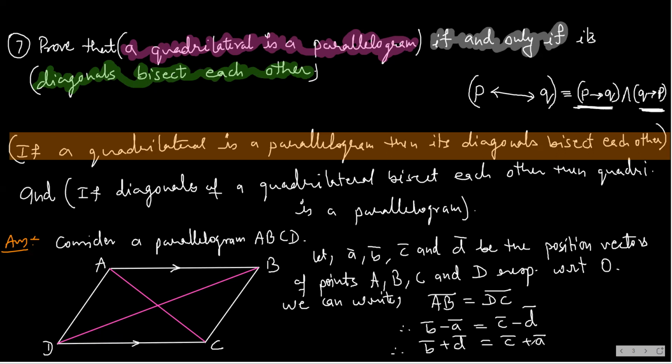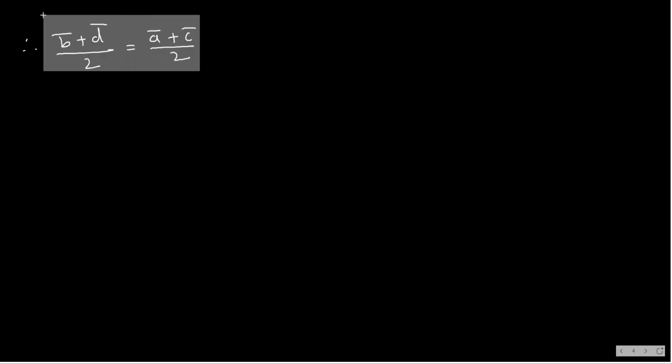In the next step, I will divide both sides by 2. So I will get, therefore, B bar plus D bar upon 2 equals A bar plus C bar upon 2. Now I want you all to look at both the sides one by one. So let me take the left hand side first. Now what does the left hand side give us?